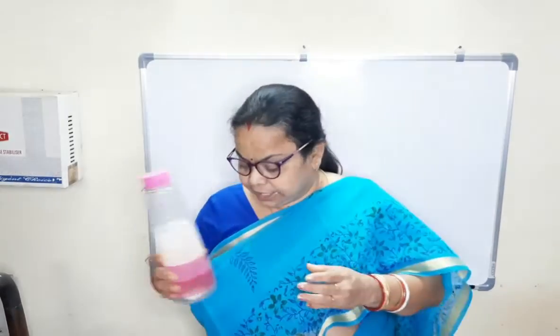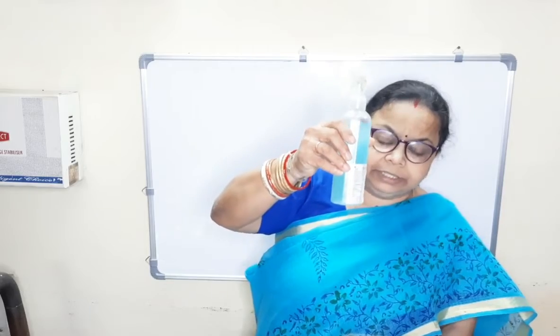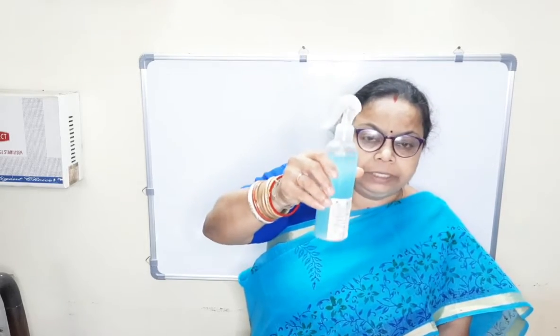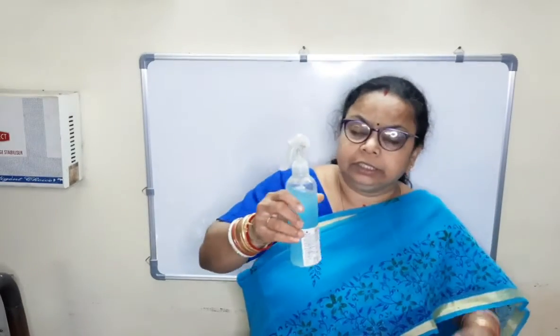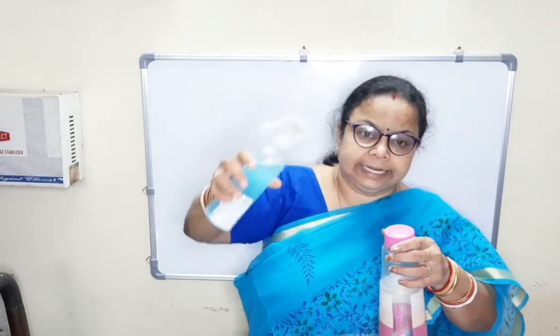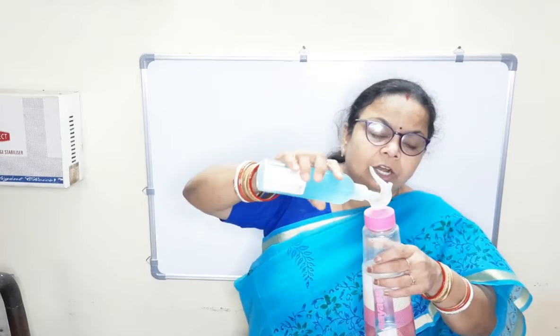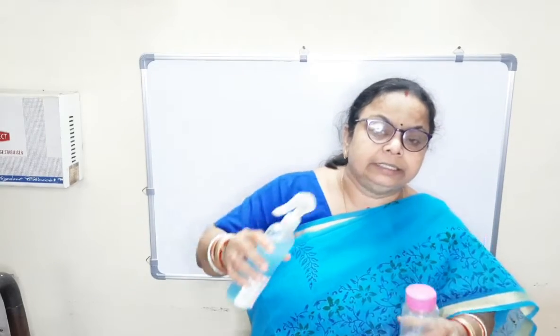Children, here also you see this is 250 milliliter. So 250 milliliter, 4 times of this bottle: 1 time 250, then second time 250, children, 250 plus 250, 500 milliliter. Then again I add 250 milliliter, then 750 milliliter.